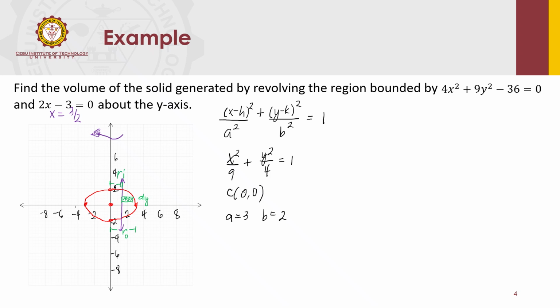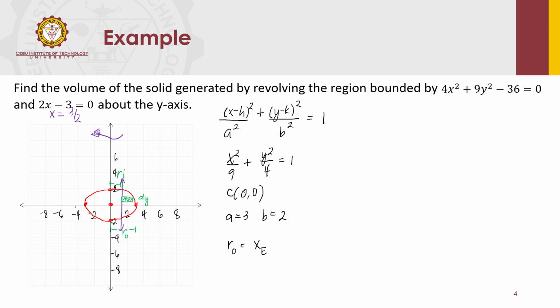So for the outer radius, it's just equal to x, the distance from the y-axis is x, so the x of the ellipse. Let me use letter E for ellipse.